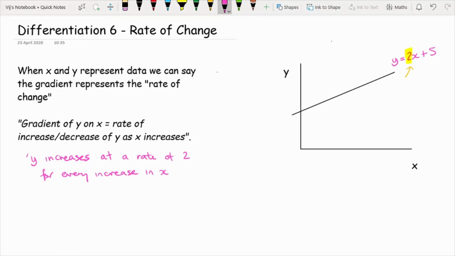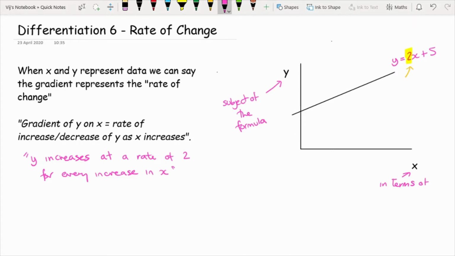It's just another way of talking about the gradient, but putting it in terms of words to the common folk. Now, when we are dealing with this, note that y is the subject of the formula, and it's in terms of whatever variable is at the bottom.